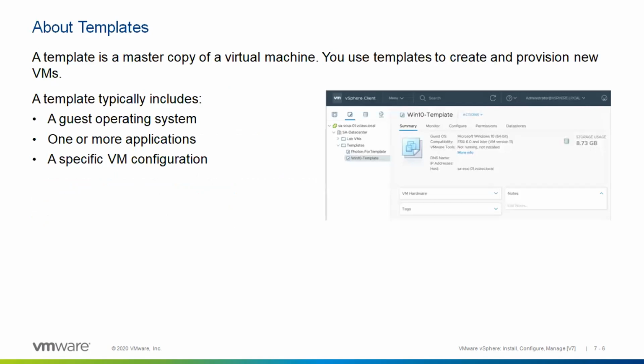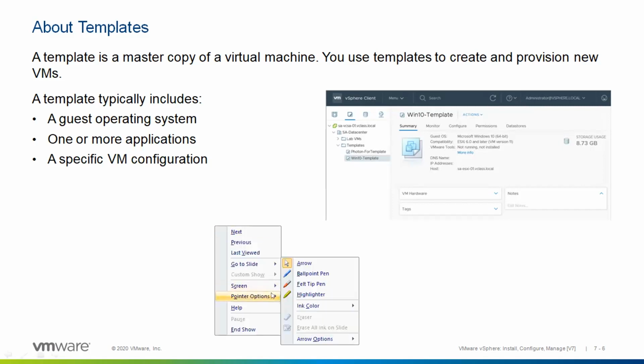When we say template, it's a master copy of your virtual machine, which you can use in future for reference. From there, you can create a number of new virtual machines. What does a template typically have?